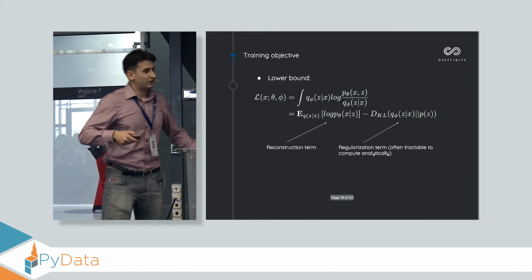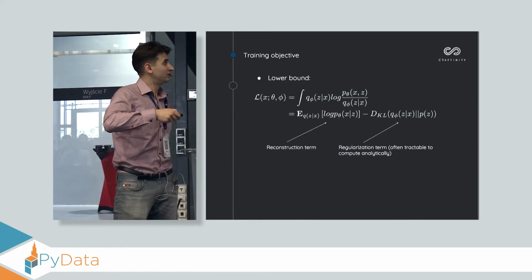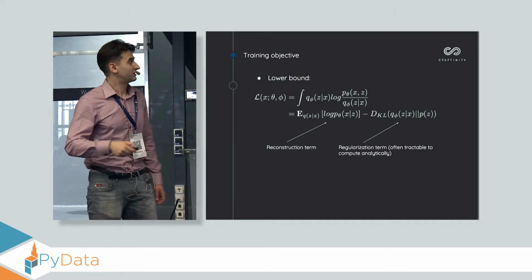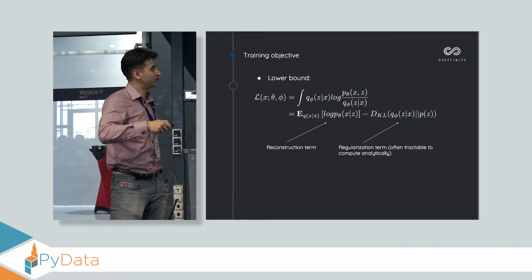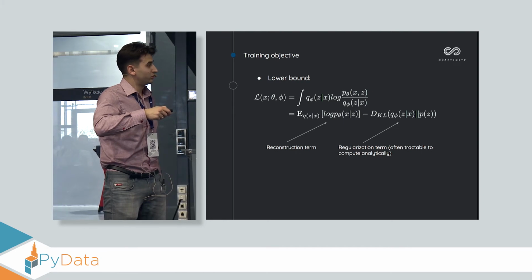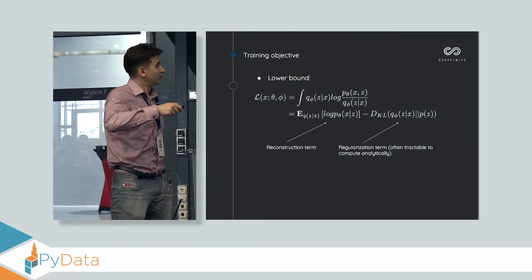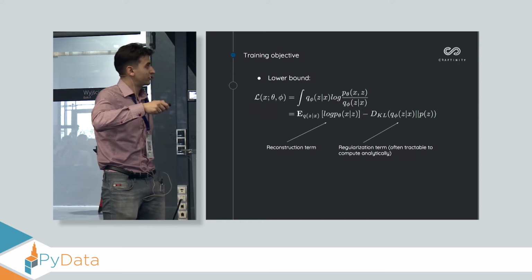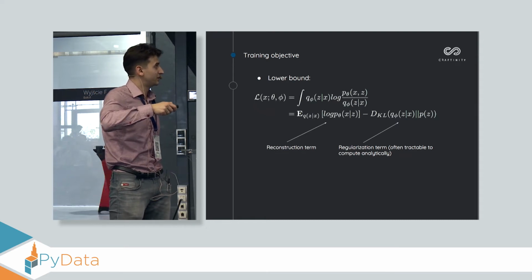The last argument that a variational autoencoder is actually an autoencoder comes when we decompose our likelihood, which becomes our training objective, into two terms. The first is the reconstruction term, and the second is the regularization term.